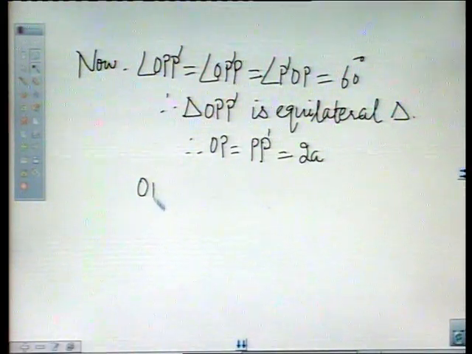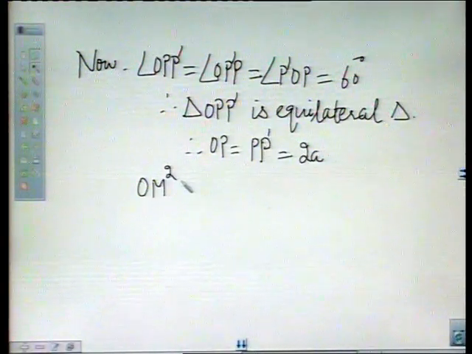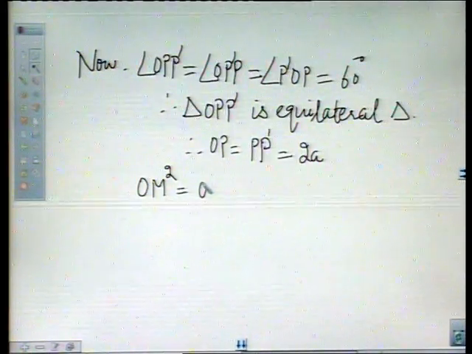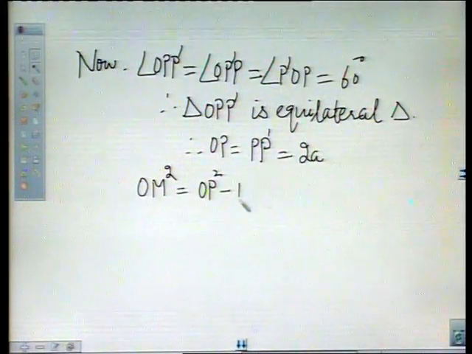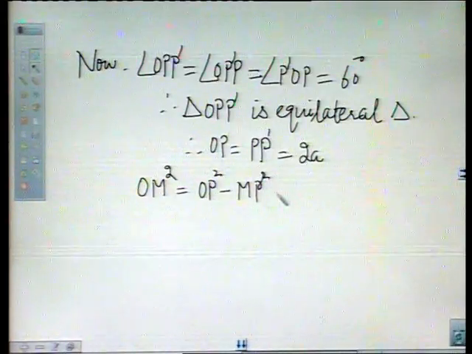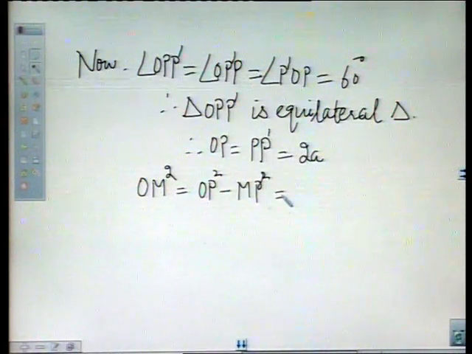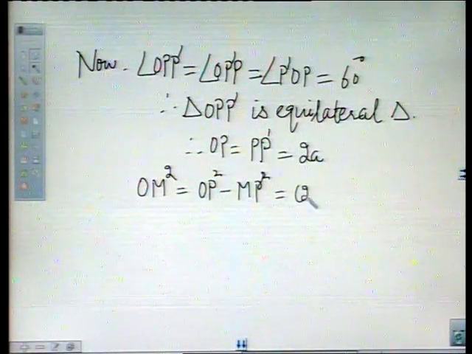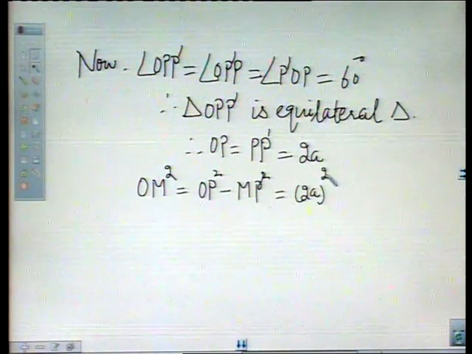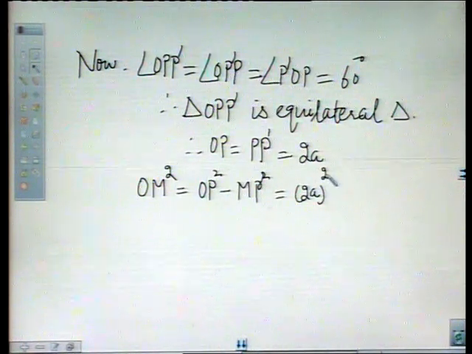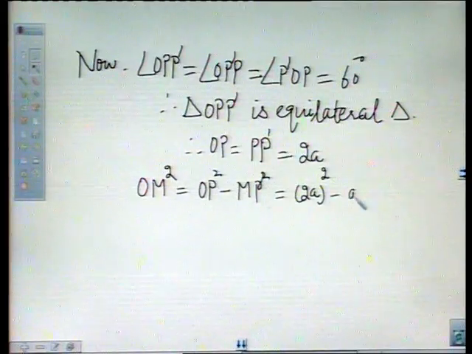Also, we have to find the value of OM. We know OM square is equal to OP square minus MP square. The value of OP we know is 2A, so we get 2A square. The value of MP we have taken as A, so A square.